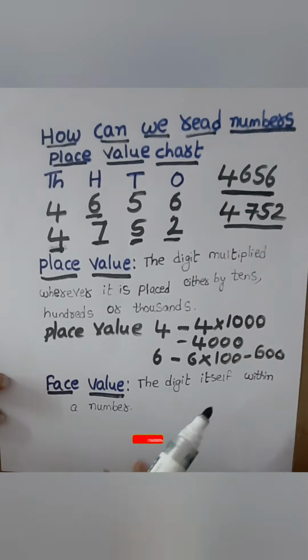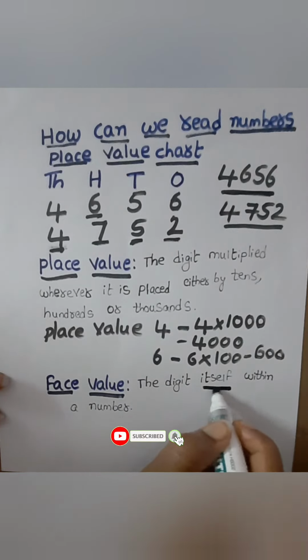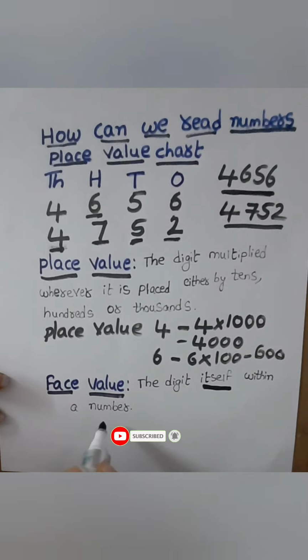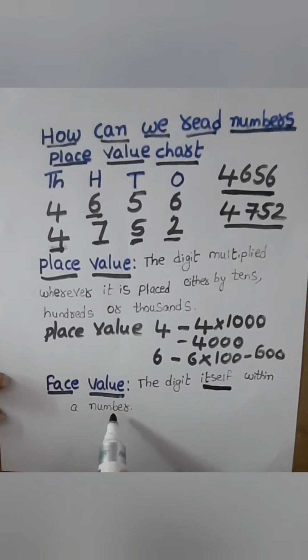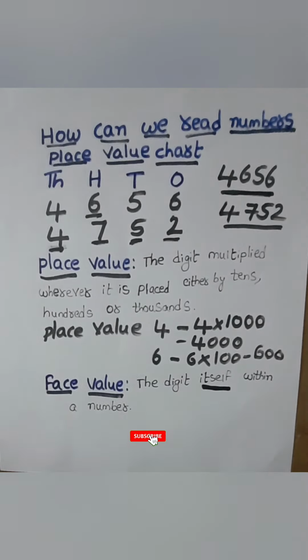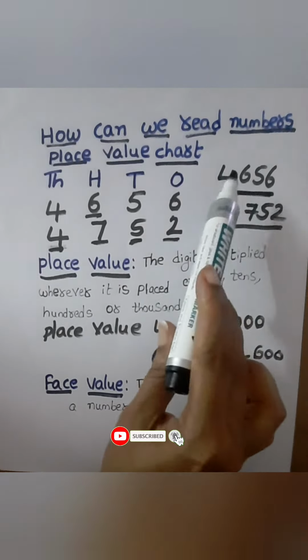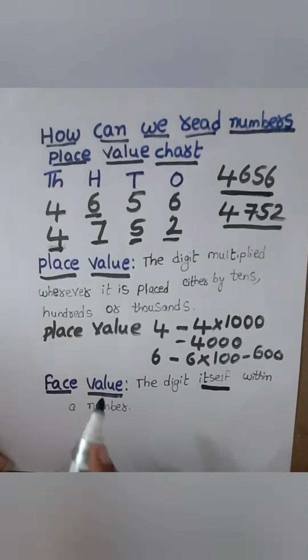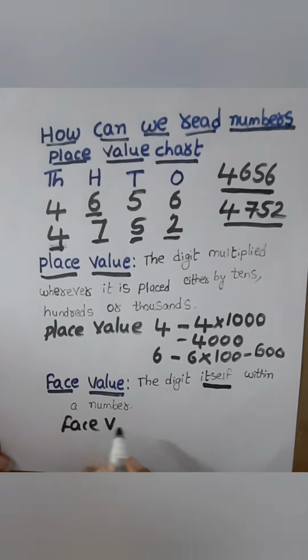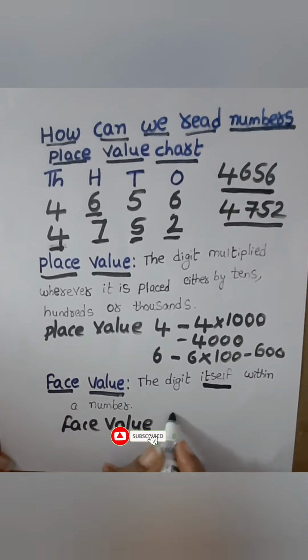And then let's get into face value. What is the face value? The digit itself within a number is called face value. That means here 4656 is the number. The face value of 6 is 6.